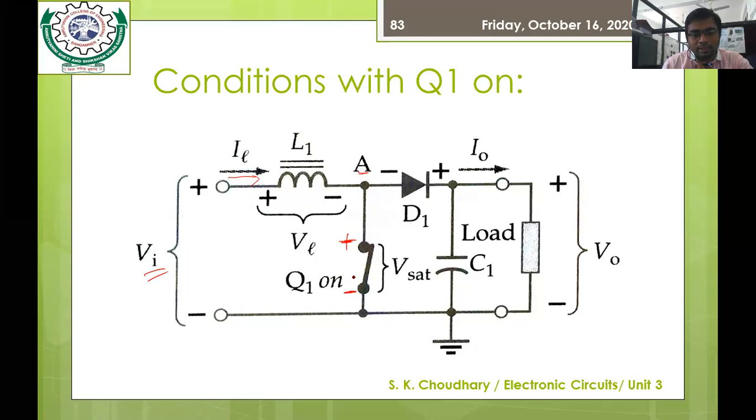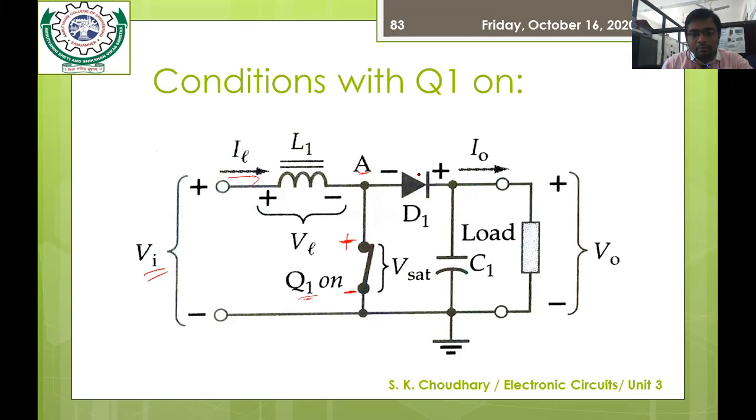In this condition we have turned on the switch Q1. As per the polarity of this inductor, with the negative terminal at the right end, the polarity of the diode is as shown in the figure: negative at the anode and positive at the cathode.